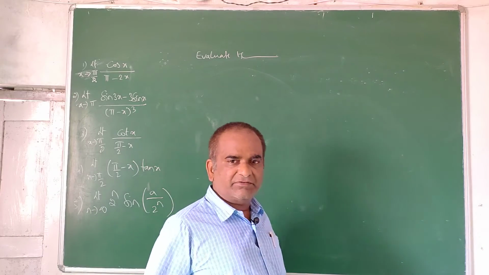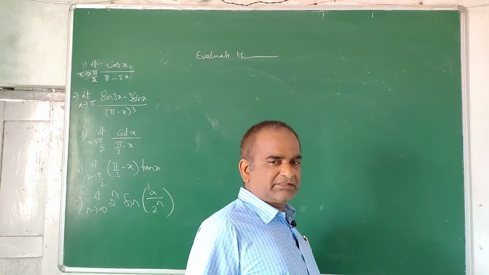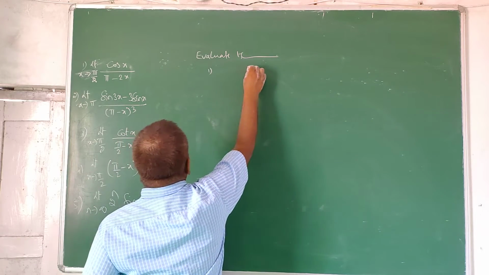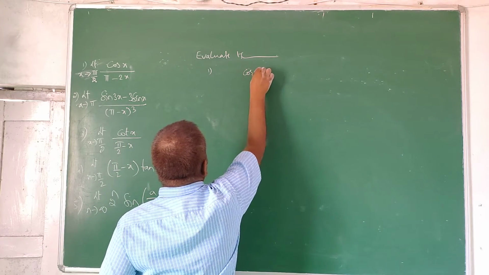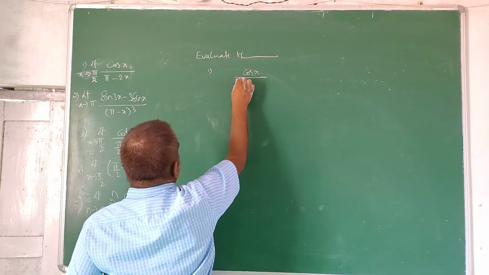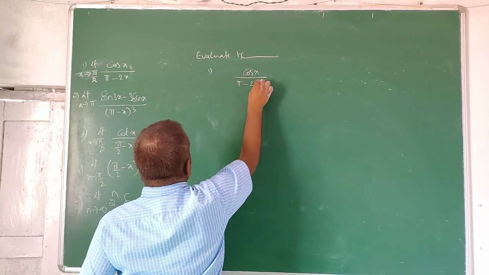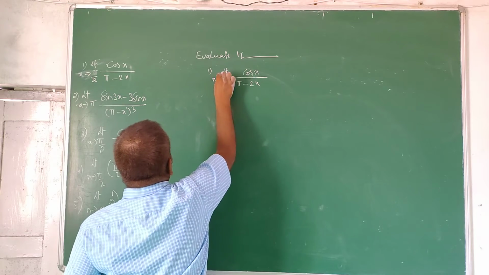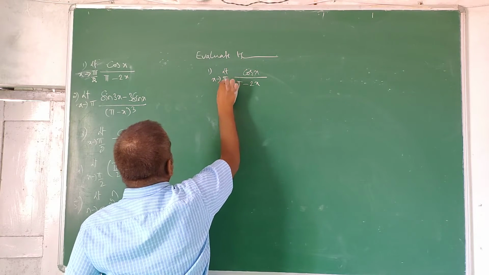See, dear students, we are evaluating some more interesting limits. The first one I am evaluating is cos x by (pi minus 2x) as limit x tends to pi by 2.